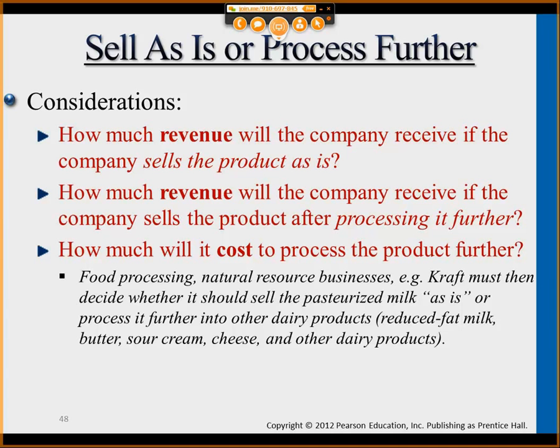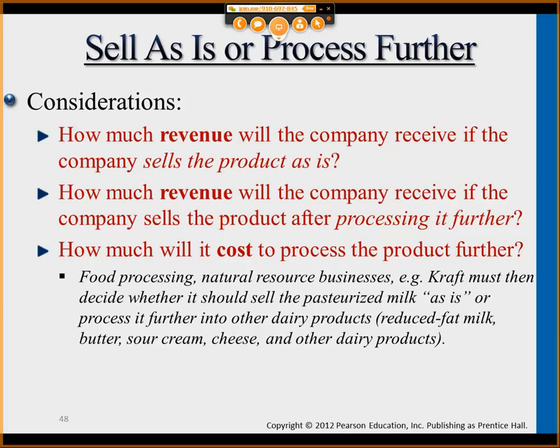So what are the examples? I'll give you a couple of examples here. Usually the companies that do that process some raw materials like milk, corn, livestock, and so on and so forth. So think of it this way.